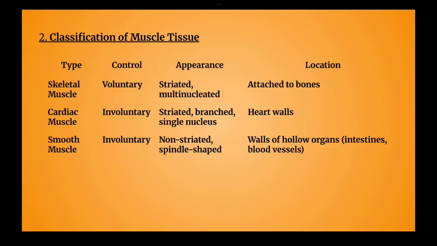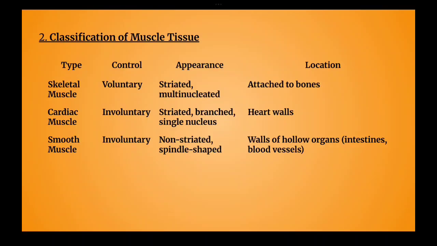So where are these muscles present? The first one, skeletal muscle, is attached to the bone. So you are going to see muscles everywhere attached to your bones. For example, the biceps, the triceps, the gluteus maximus, the muscles of your abs, everything is a skeletal muscle attached to your bones.